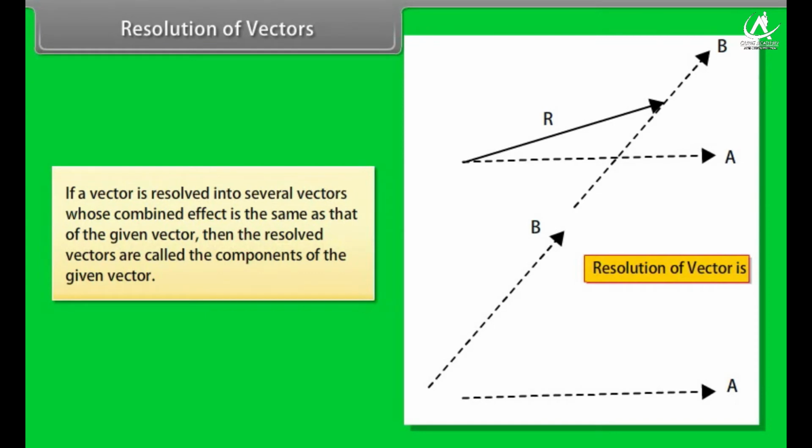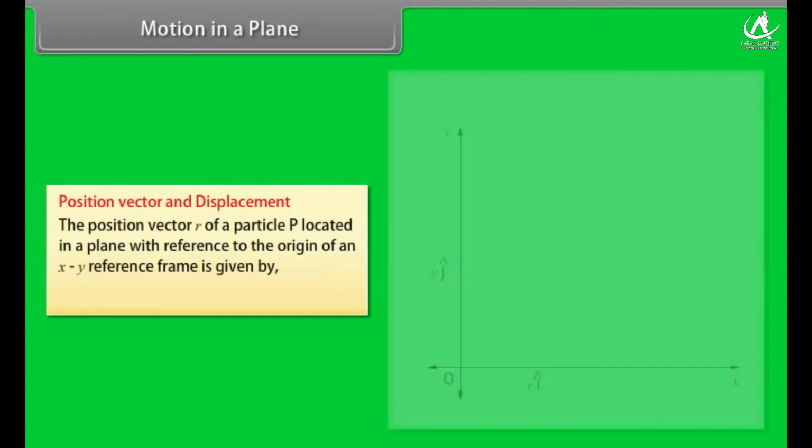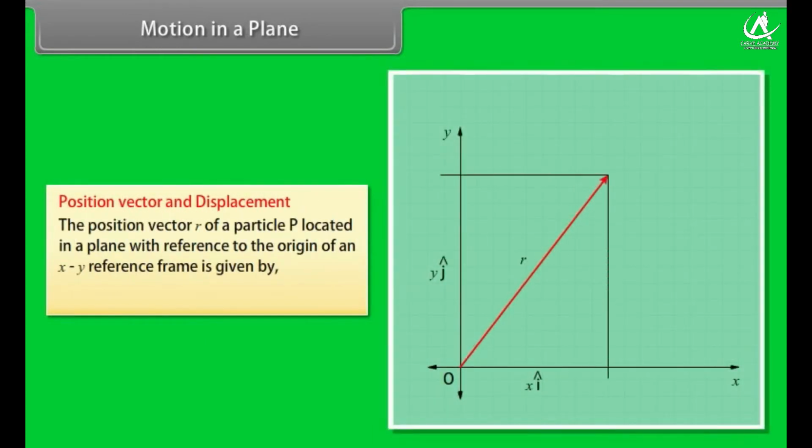Motion in a plane. Let's see motion in two dimensions using vectors, position vector and displacement. The position vector r of a particle P located in a plane with reference to the origin of an xy reference frame is given by r = xi + yj.